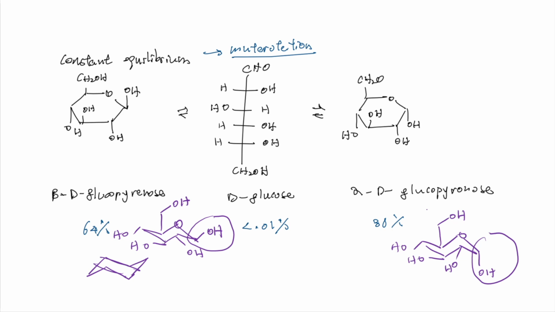So if there are two different conformations, we can assume that the other one is happening more often because it switches.